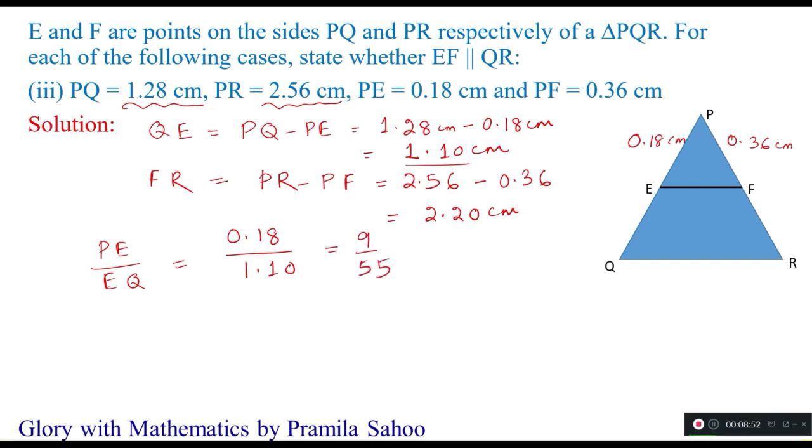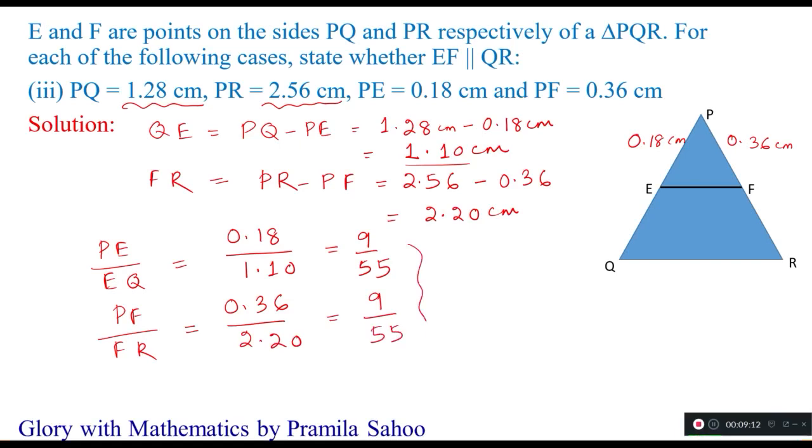Again we have to find the second ratio, that is PF by FR. So this is equal to 0.36 by 2.20. So this is also equal to 9 by 55.